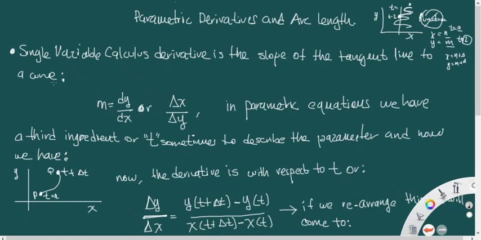So if you remember, in the single variable calculus, we found that the derivative is the slope of the tangent line with respect to a curve. And once we find that value of that function of the derivative, we can say that this expression is equal to the slope.